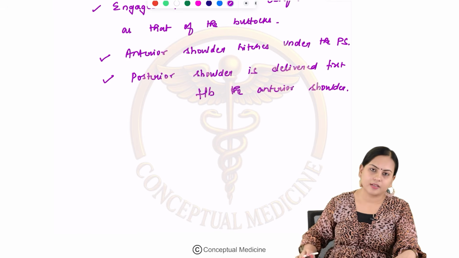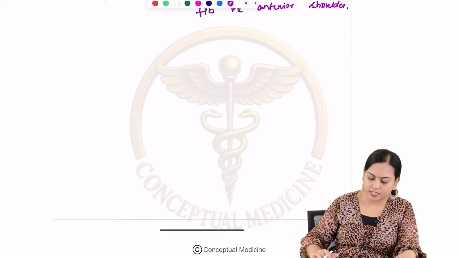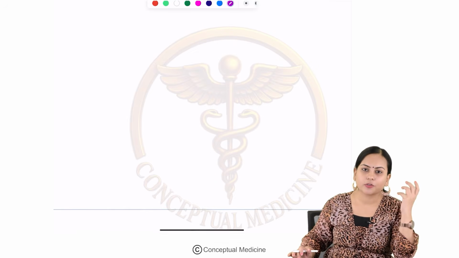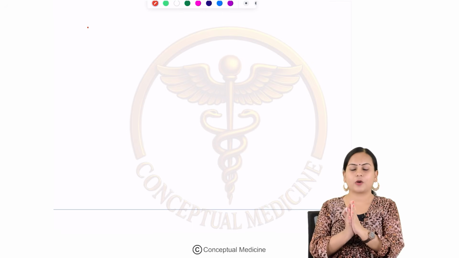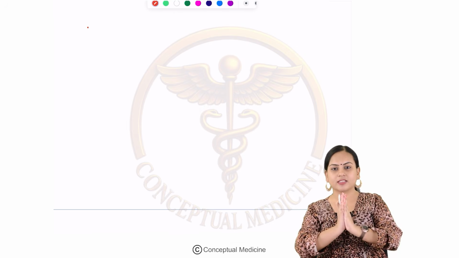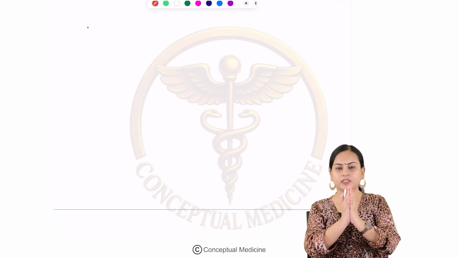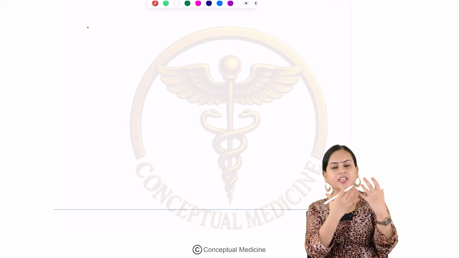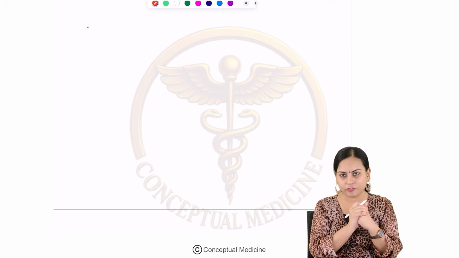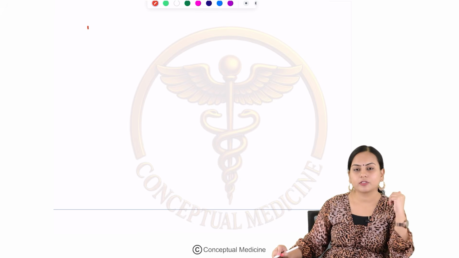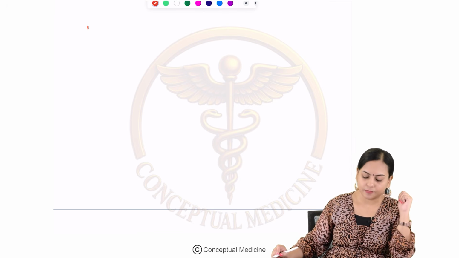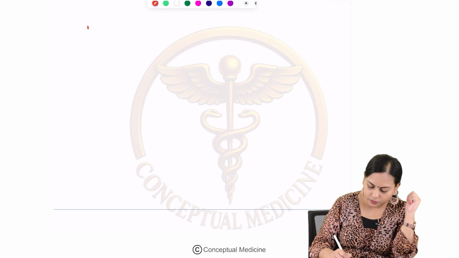Now, after so much has happened, only now is the major trouble going to start. How to deliver the fetal head? Because the fetal buttocks or fetal shoulders have a smaller engaging diameter when compared to the fetal head, right? So, we will see how we are going to deliver the fetal head and what complications we can face. Delivery of the fetal head.